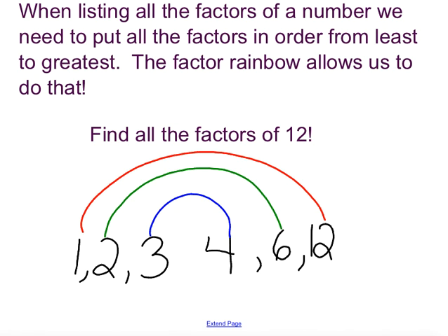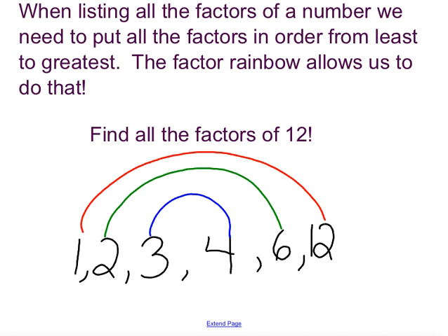I don't need to go any further. I don't need to try 5. Nope. Because once I hit a factor that is already here, I know that I have found all the factors of that number. So if you look, we created a rainbow that connects one factor to the other. Okay, I'm going to place a comma in between 3 and 4 because we have no more numbers. Okay, so these are all the factors of 12.